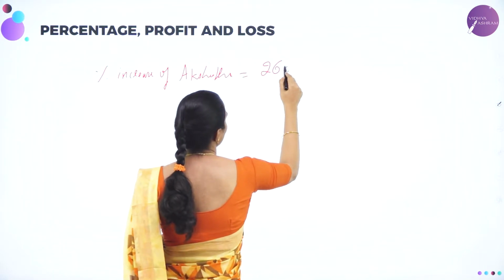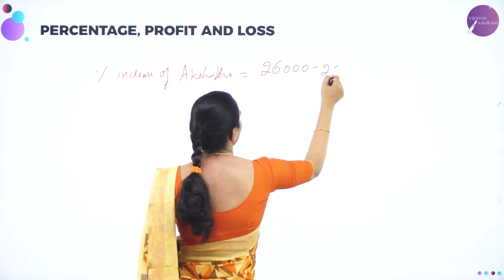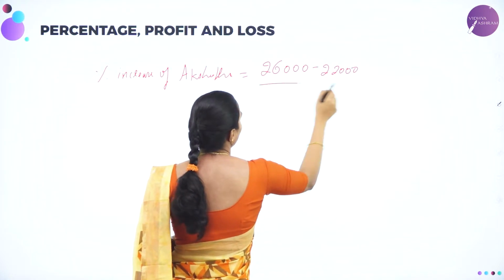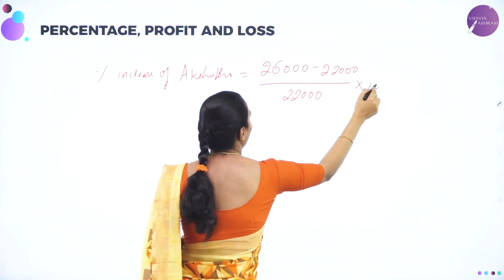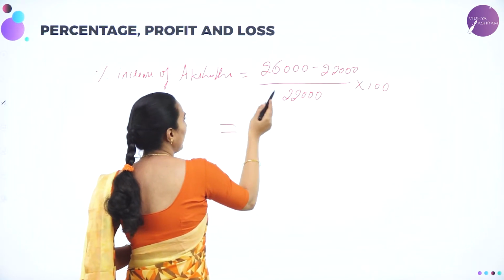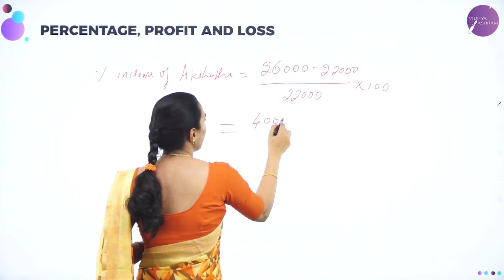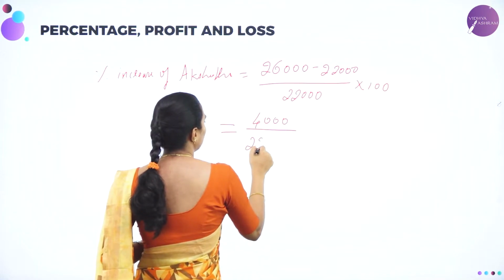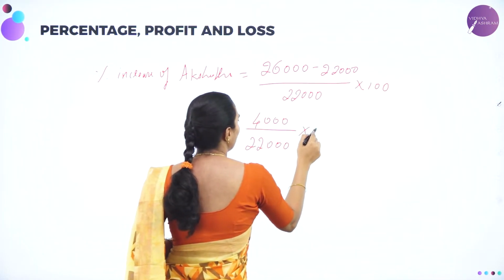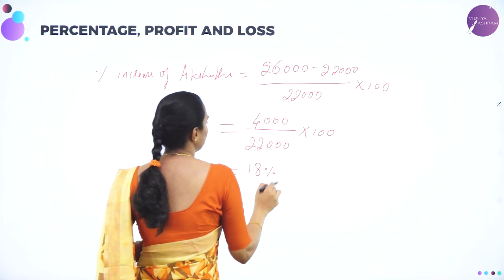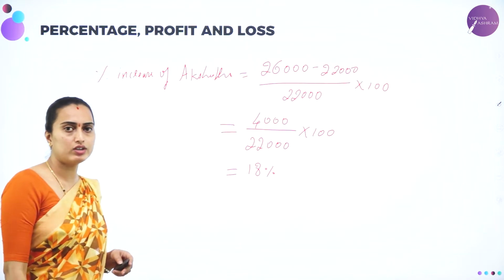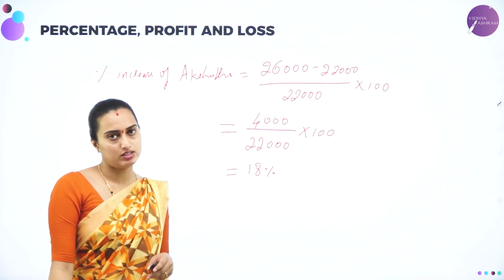So 26,000 minus 22,000 divided by 22,000, which was the initial value, into 100. So 26 minus 22 is 4,000 divided by 22,000 into 100. You are going to get the answer, nothing but 18%. So Akshata gained 18%.